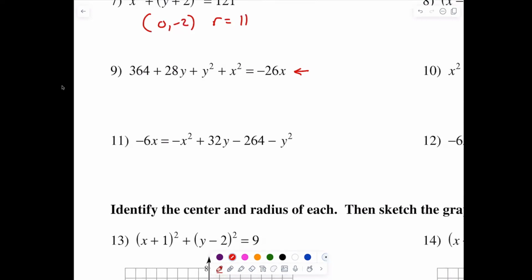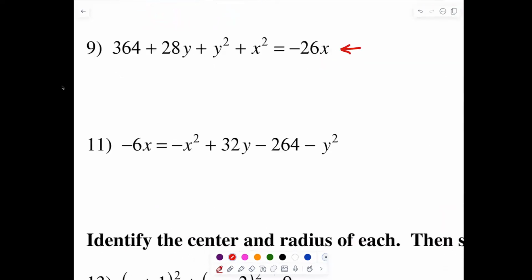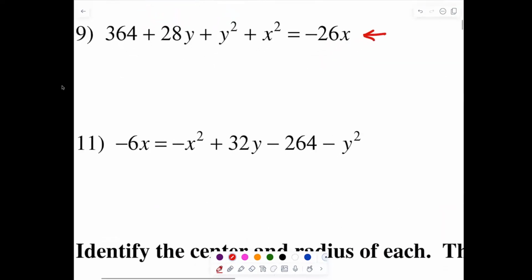So the first thing we're going to do is group the x's together. This is what I expect everyone in here to be able to do. So I'm going to put x squared plus 26x. Does everybody see that? I had the negative 26 on the wrong side of the equation, so I moved it over.